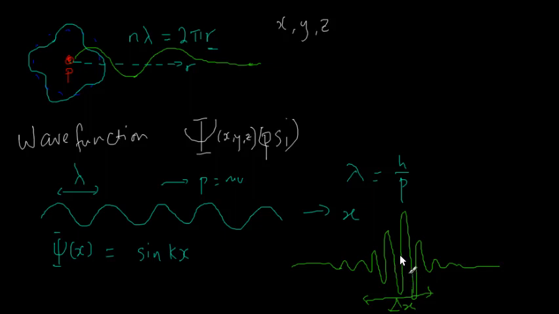So I've been using this description that it's more likely to find a particle where there is the wave, and obviously the wave has to do with the amplitude, because if there's no amplitude, there's no wave.